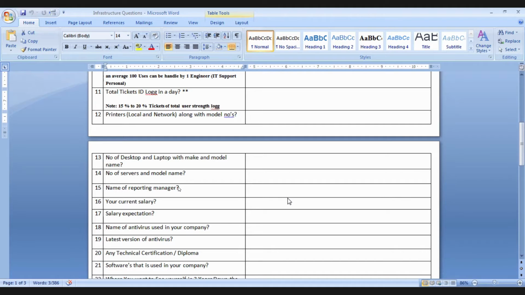See, as you are all going to MNC companies, meaning some standard, good, reputed organizations, all companies have some defined scales.